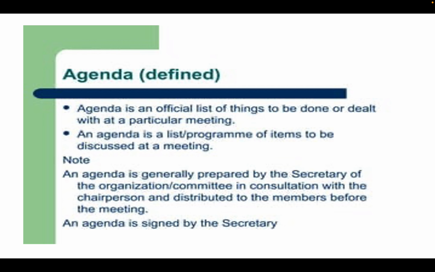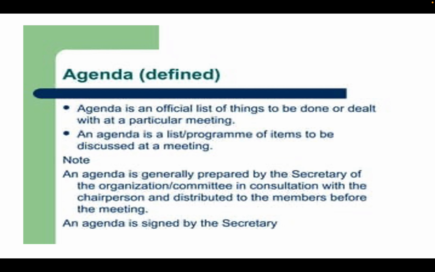Coming to agenda, a brief definition has been given earlier, and again I am giving the definition. Agenda is an official list of things to be done or dealt with at a particular meeting. An agenda is a list or program of items to be discussed at a meeting.